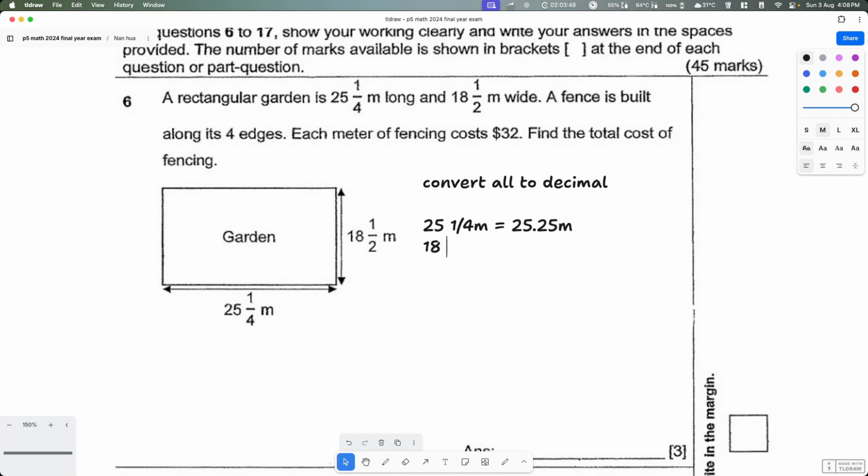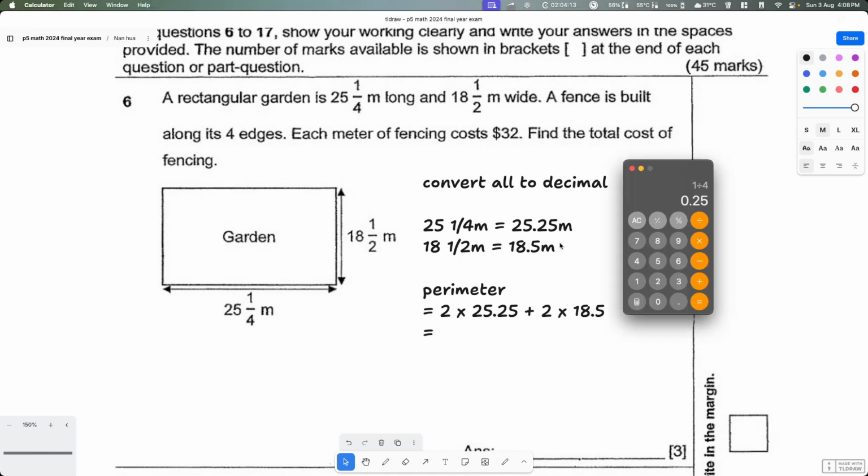Then 18 1/2 meters is equal to 18.5 meters. Now a fence is built, so I will say perimeter is equal to 2 times 25.25 plus 2 times 18.5.